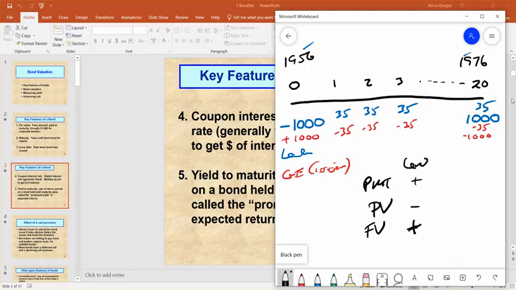And then the issuer, which is the same as the borrower, flips this. They borrow money, they get a present value, and they have those. You can consider the valuation of a bond from either of those perspectives. It's just a matter of being consistent. And again, with bonds, present value always takes one sign, future value and payment the other.